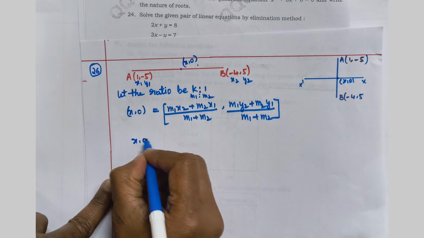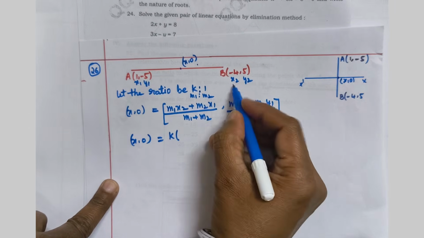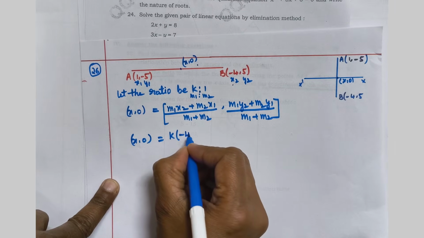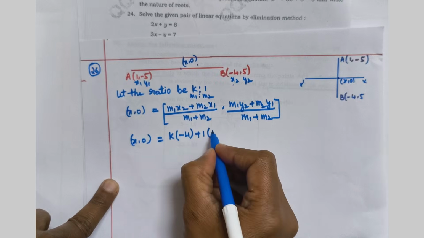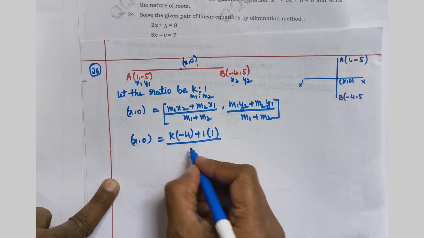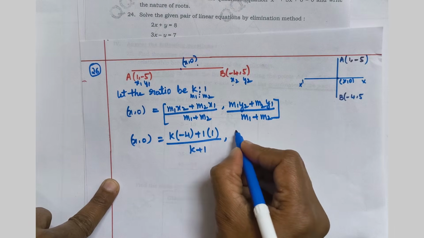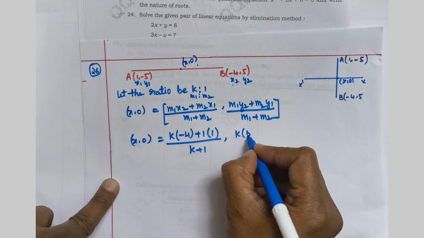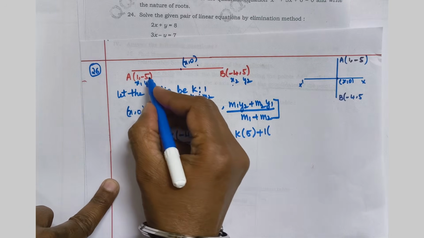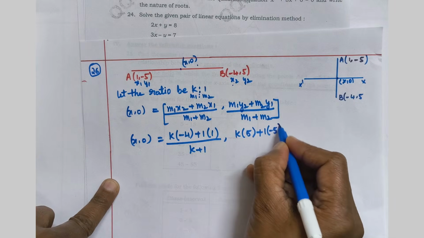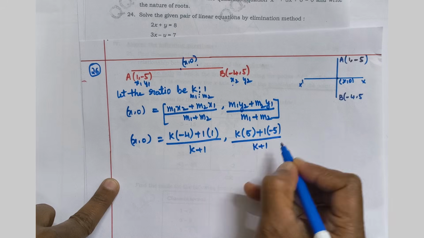See here, for x: m1 means k into x2 which is minus 4, plus m2 which is 1 into x1 which is 1, by m1 plus m2 which is k plus 1. Next, for y: m1 means k into y2 which is 5, plus m2 which is 1 into y1 which is minus 5, divided by k plus 1.